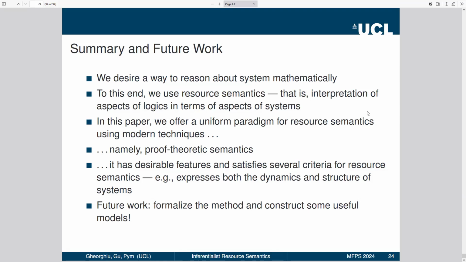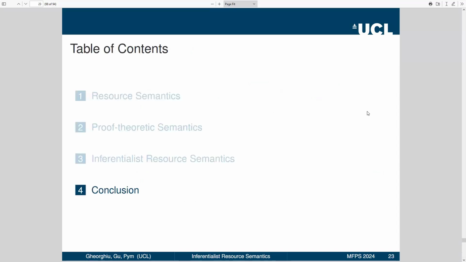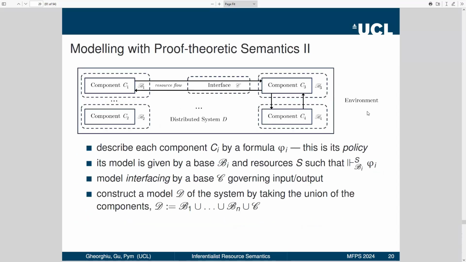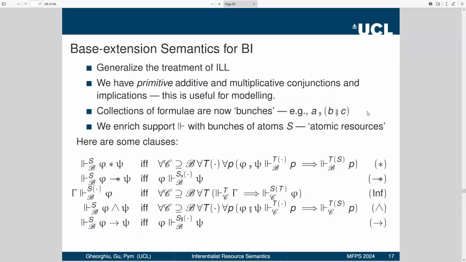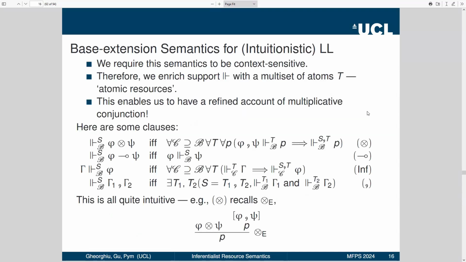I guess I'm not understanding how this is different from just BI. Oh, so I'm using a semantics for BI, but not the sharing-separation semantics. What's really neat about this semantics for BI, one of the reasons it's so satisfactory to work with, is, in this case I didn't put them, maybe that's what's confusing.